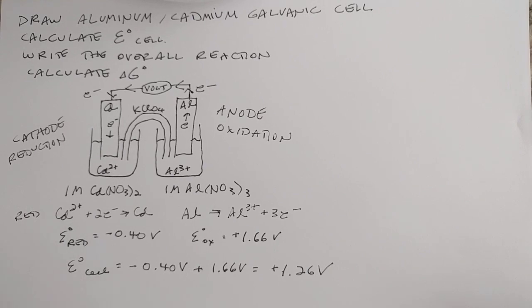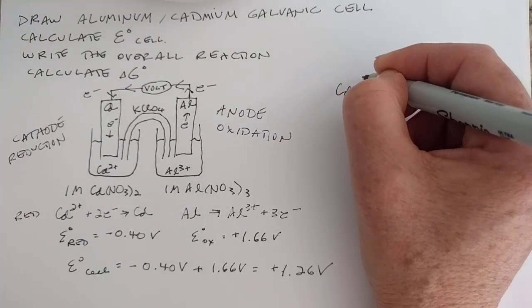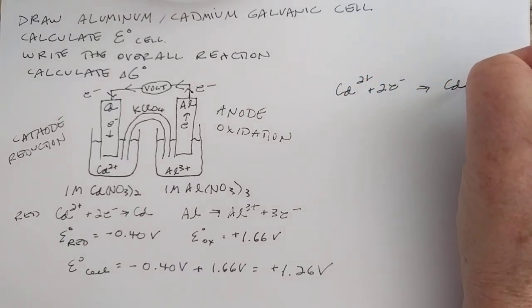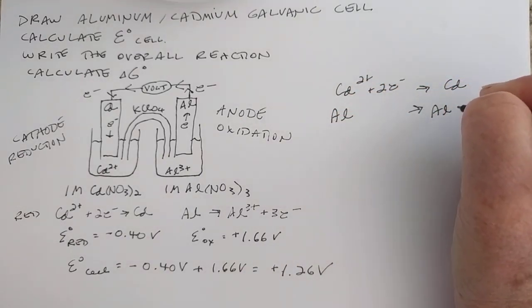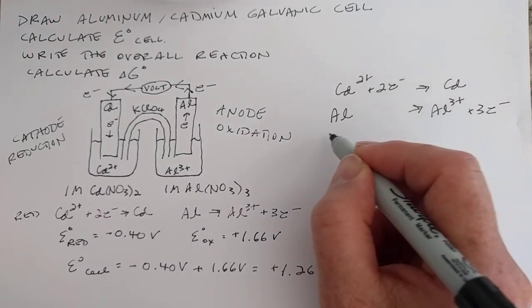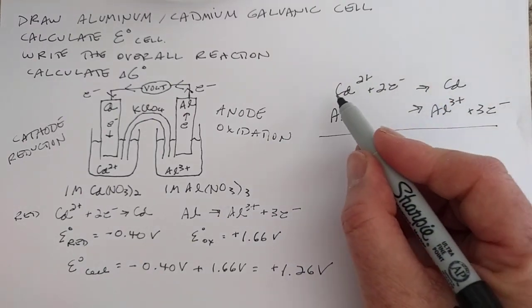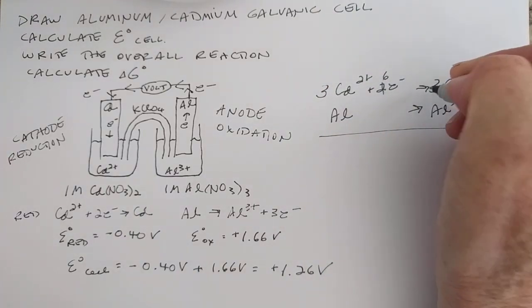Okay, what we're going to do now is write the overall reaction for the cell. And I'll do this up here. So if we have Cd2+ plus 2 electrons goes to Cd, and then we have Al goes to Al3+ plus 3 electrons, and we want to be able to add these up. We have to be able to cancel out the electrons. So if we multiply this by 3, we get 3, 6, and 3.